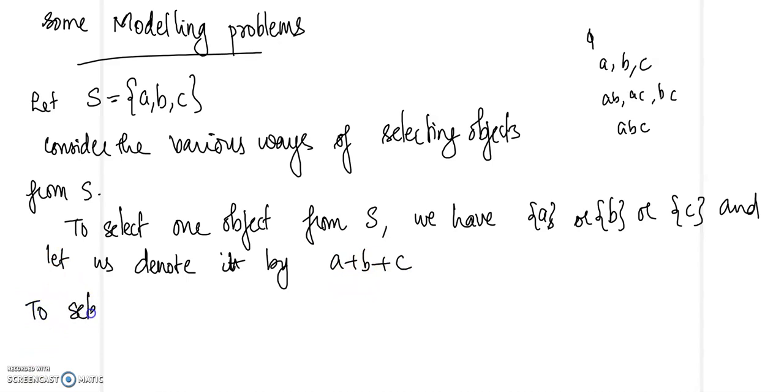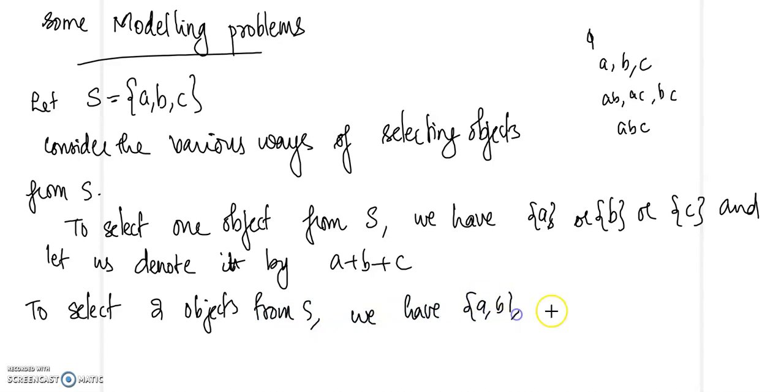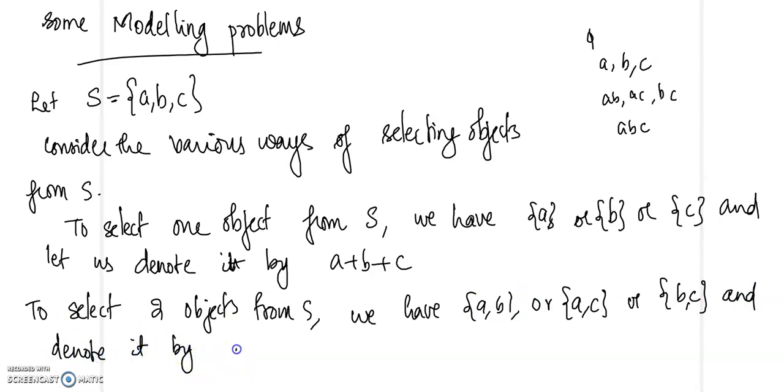Now to select two objects from S, we have set AB or AC or BC, and let us denote it by AB plus AC plus BC.